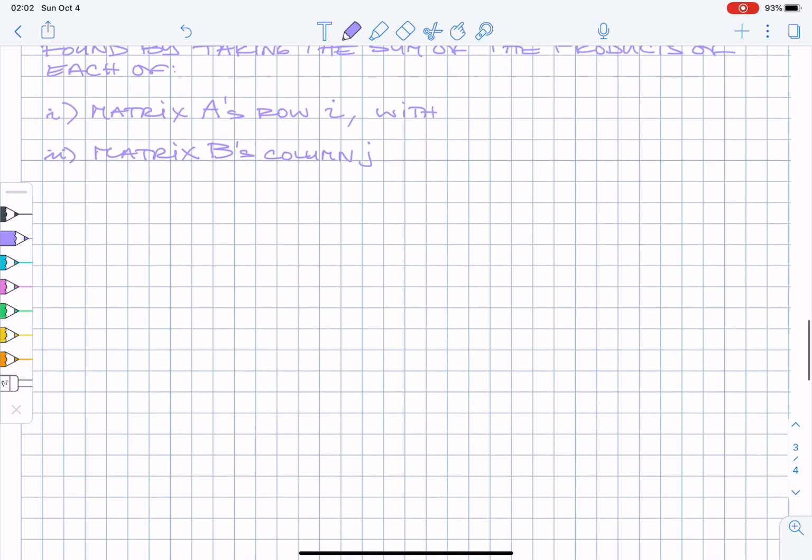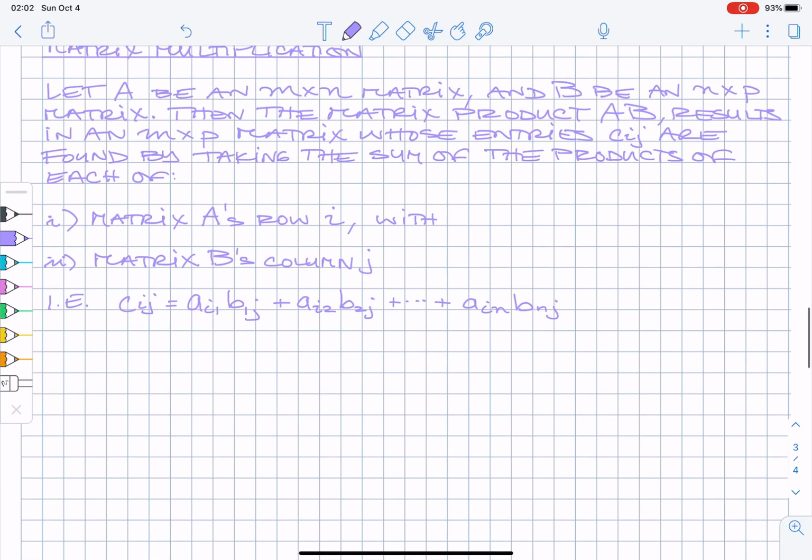That is, C sub ij is going to be A sub i1, B sub 1j, plus A sub i2, B sub 2j, plus dot dot dot, plus A sub in, B sub nj. Notice that it goes to the n columns for A and the n rows for B.